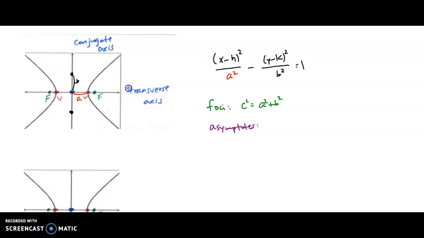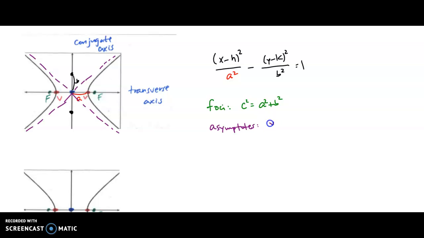Each of these parabolas, and I'm going to show you in one of the examples later, are bound by asymptotes. This is a terrible asymptote, by the way. The slopes of these are going to be plus or minus. I'm just going to write it down for now.